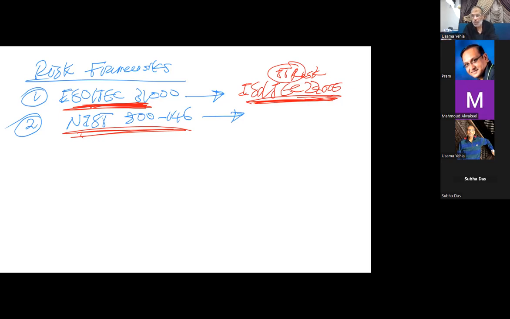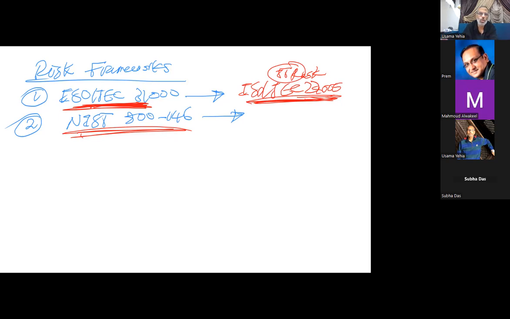I think we deserve our break for 20 minutes. Then we will continue. But do you have any questions before going on break? Sir, are these the only two risk frameworks, or are there many other risk frameworks which we need to know?